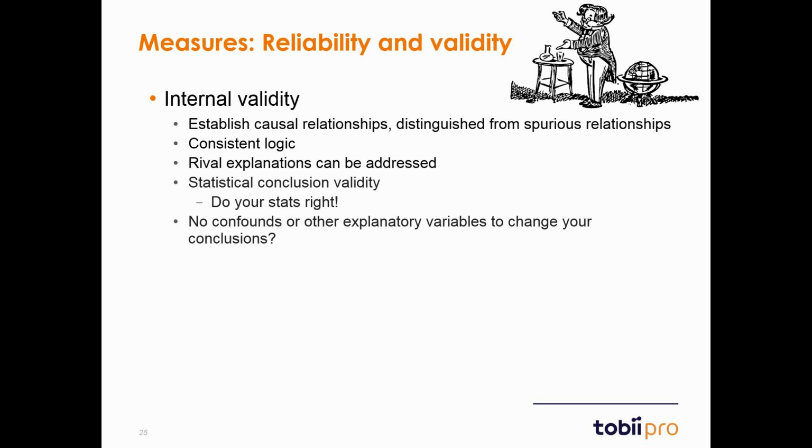For instance, maybe you're doing something with pupil size and you're saying, oh, pupil size changes as the effect of task difficulty, but then you didn't take into account that your stimuli when the task was difficult were bright and when it was easy were dark or something like that. So you have a confounding element that you didn't even realize. This actually makes it internally invalid, because you're claiming it's due to one thing when it's actually due to a totally different reason.